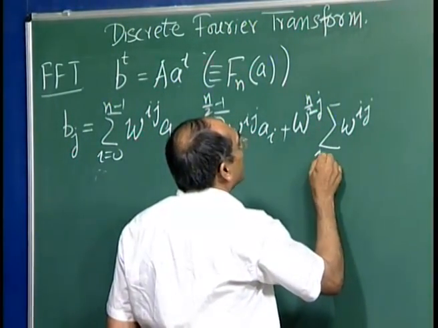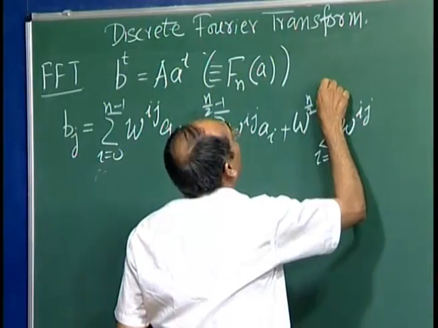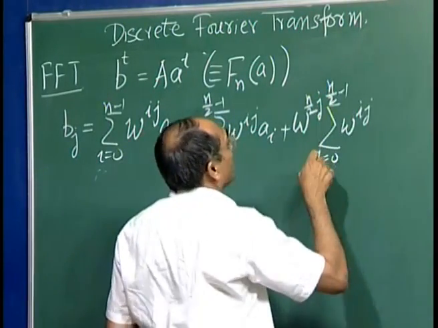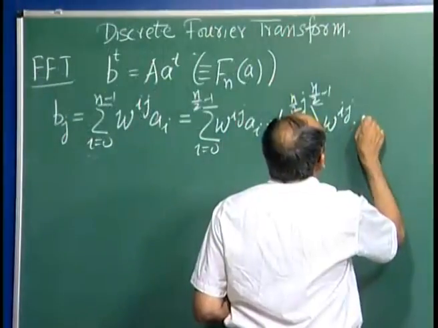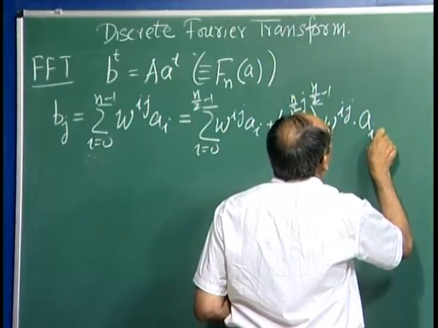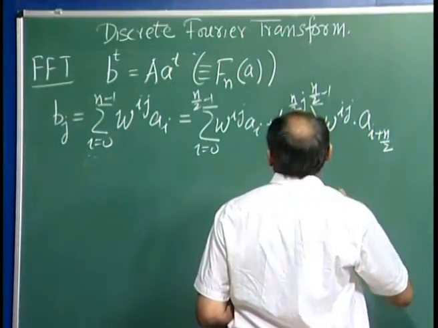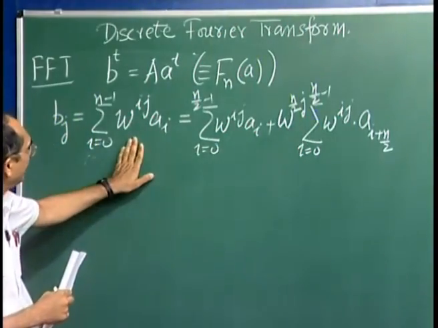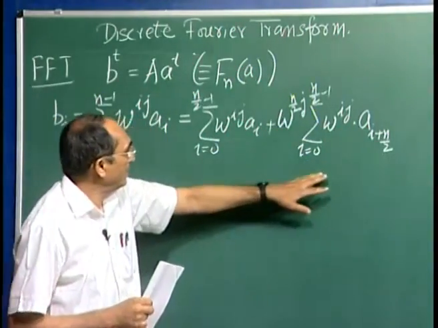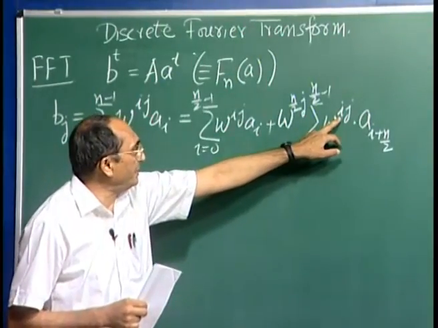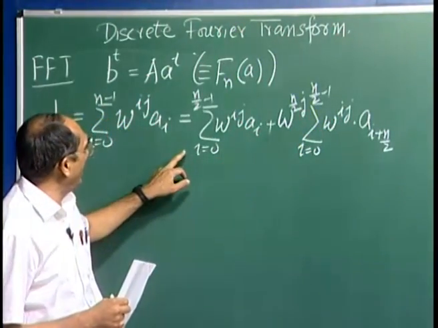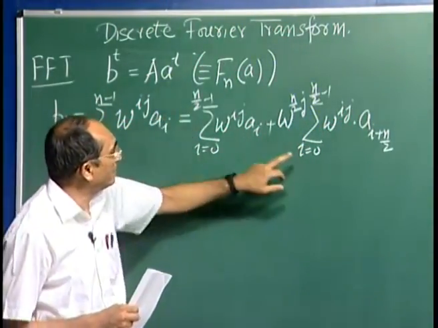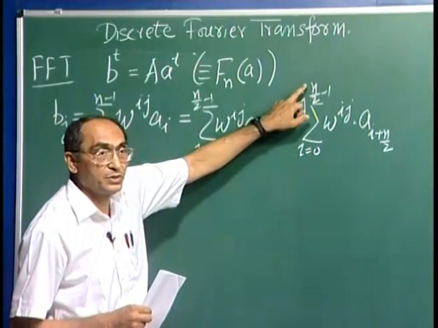Now I can start i from 0 to n by 2 minus 1, and here you have a_(i plus n by 2). I have just rewritten the second half this way: my indices i, instead of going from n by 2 to n minus 1, now go from 0 to n by 2 minus 1.